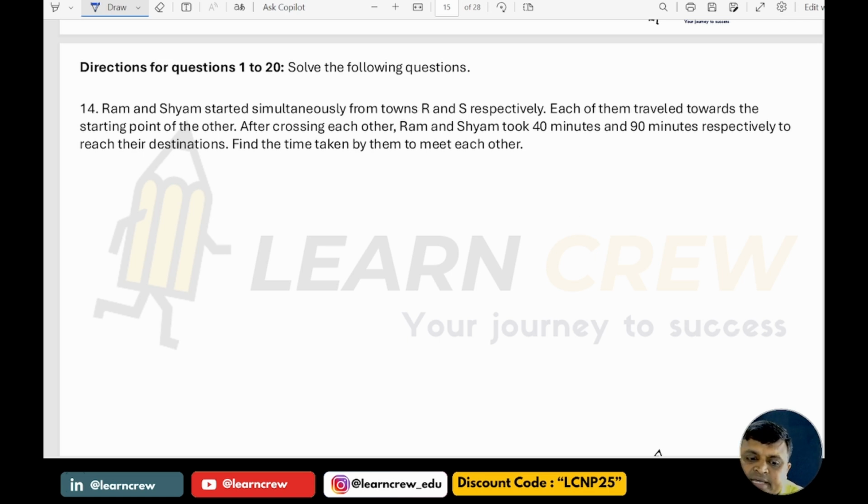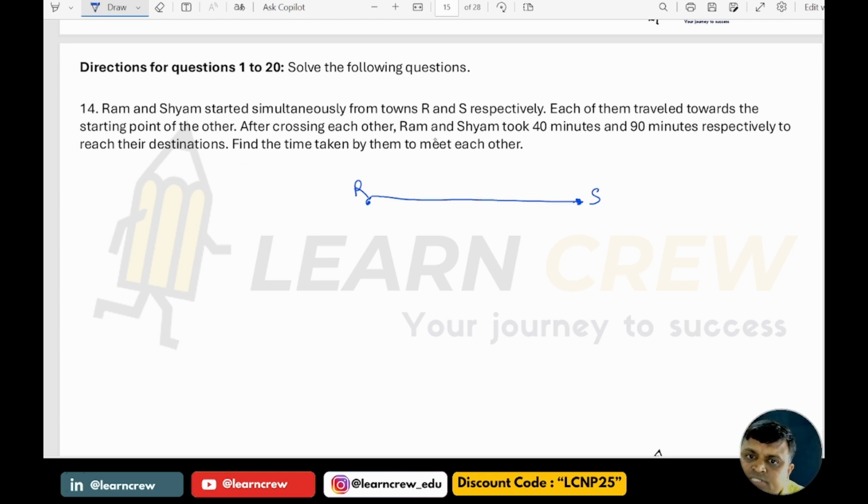Please understand here what is given. See, Ram and Shyam started simultaneously from R and S respectively. Each of them traveled towards the starting point of the other.